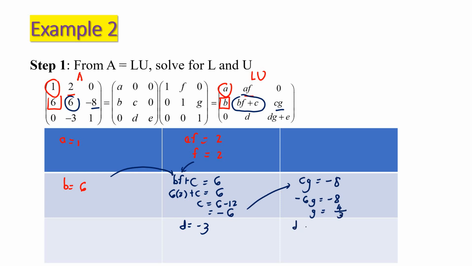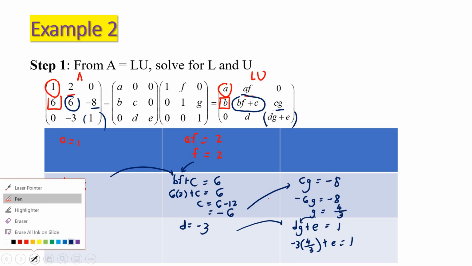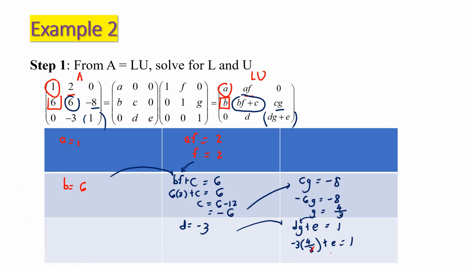Lastly, the last value: DG plus E equals 1. Plug in D and G here: negative 3 times 4 over 3 plus E equals 1, so E is 1 plus 4, which equals 5. So you put in the values.